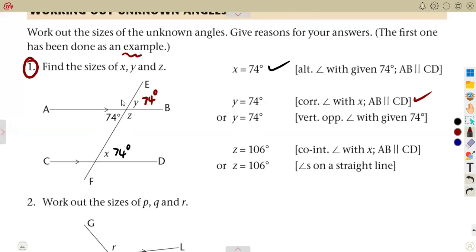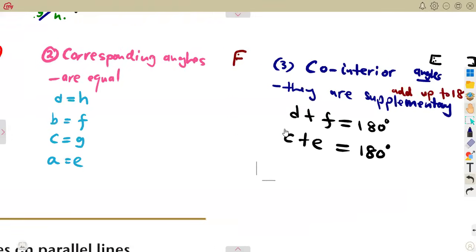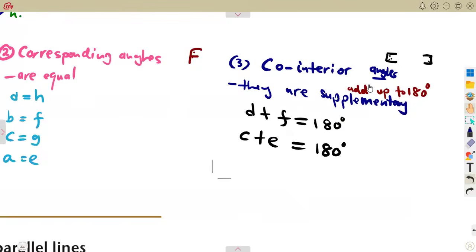All right. Then to find Z, we can consider angles on a straight line. Z and this 74 degrees are on a straight line. Z and this Y are on a straight line. Or you can consider the co-interior angles. Remember, when you form a C like this, these are co-interior, Z and X. We said when you form a C like that, they are referred to as co-interior angles, and they add up to 180.